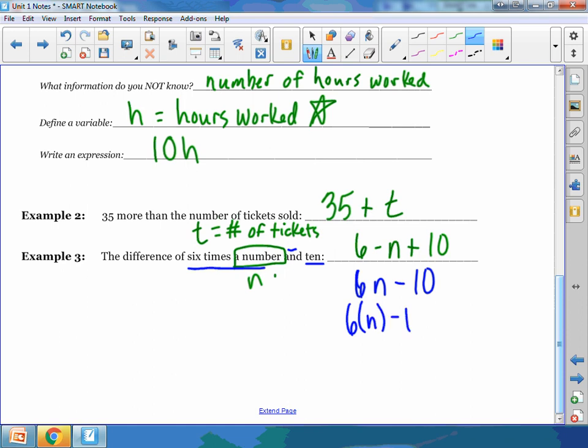Okay, so you did this. Yep. Hayden? 6 plus 10 minus n. Well, we're not recognizing a key operation there with multiplication. So that one would not work. This one would work, this one would work, and that one would not.